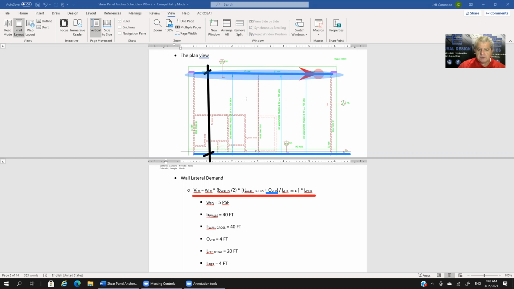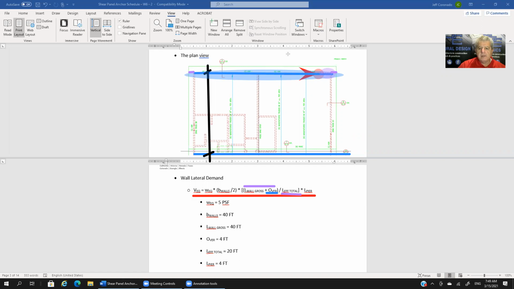Then notice how this term gets divided by this factor of L effective total. The L effective total refers to the lengths of the piers in the line.